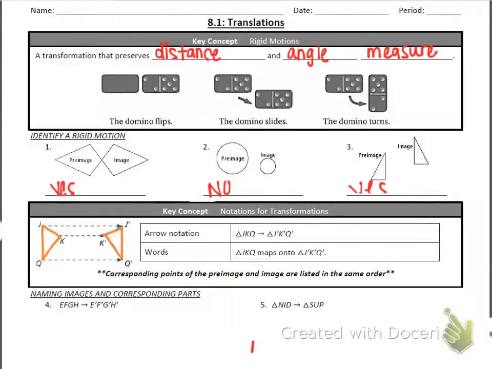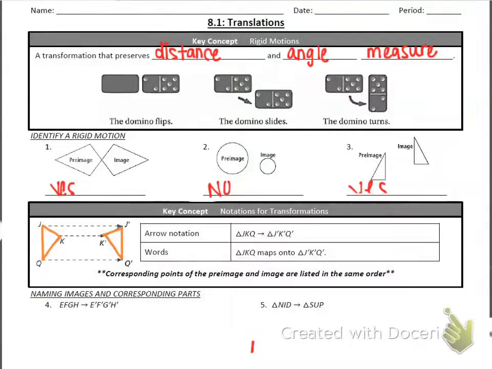When we do perform a transformation, there are 2 ways that you can note it. So in this triangle, I have triangle JKQ, and then they flipped it and they renamed it J with a little apostrophe, which in math we call prime. So this is J prime, K prime, Q prime.